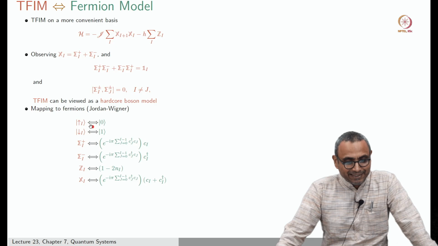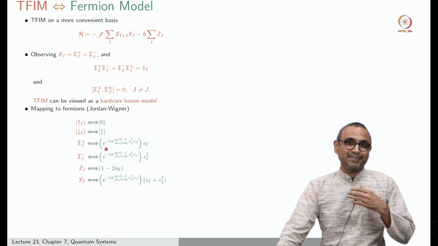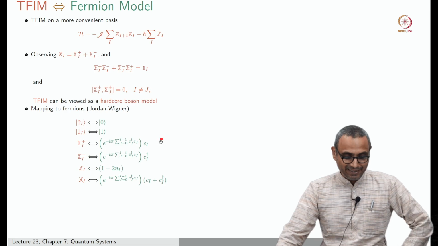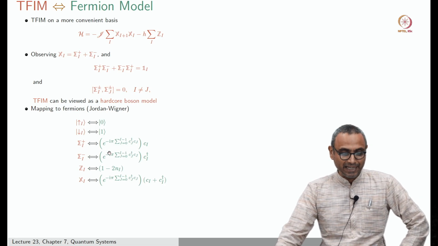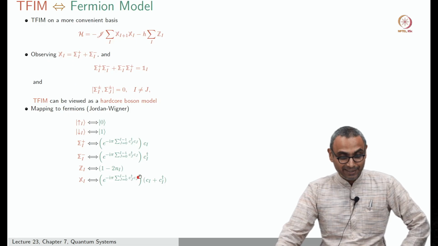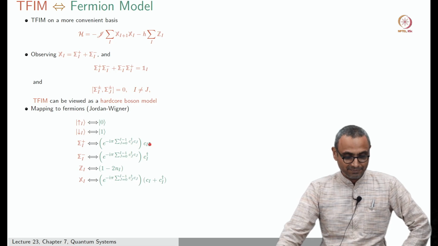To get this mapping done correctly, as we saw in the last lecture, we had to take care of the string of fermions that show up to give you the correct sign of the creation and annihilation operators, and ensure that the hardcore boson algebra of the sigma operators is satisfied even if you start with these fermionic operators.